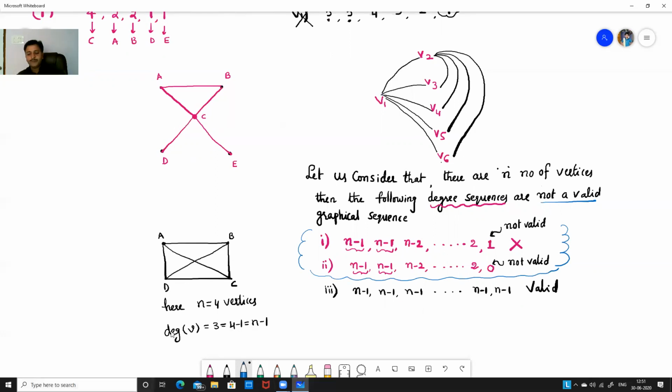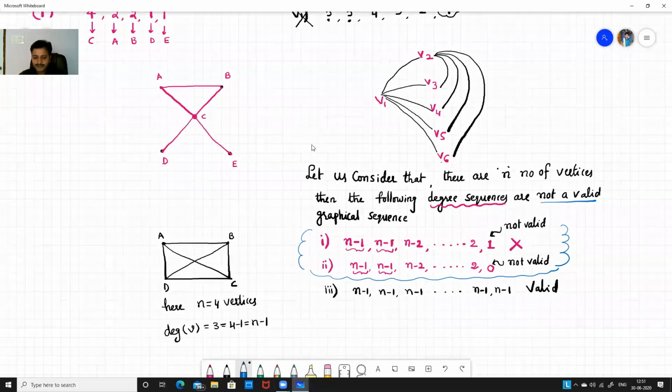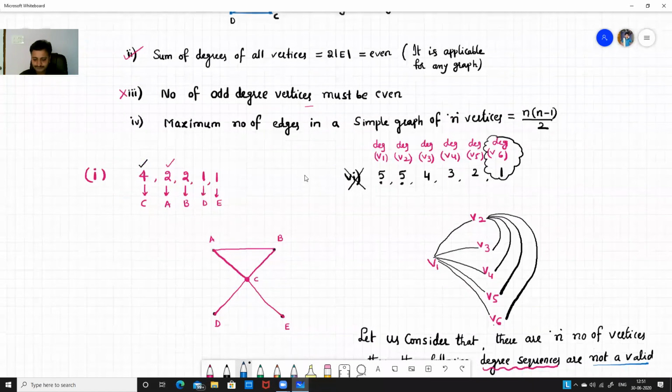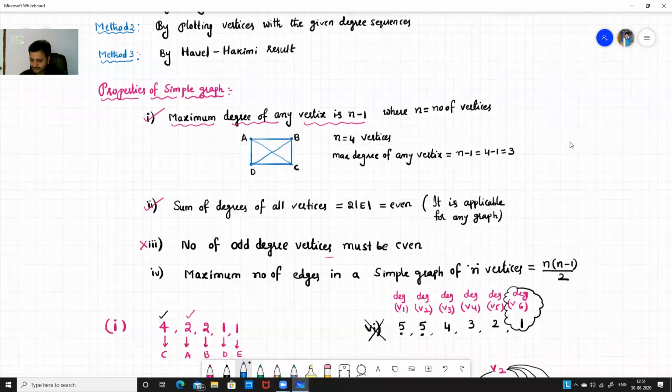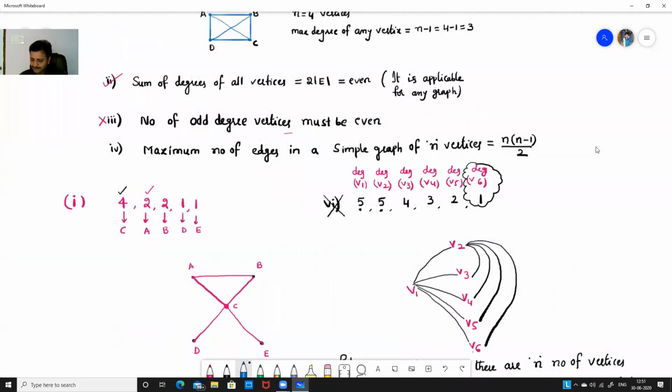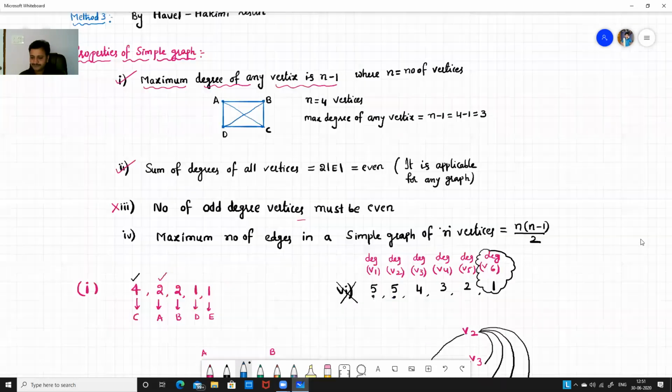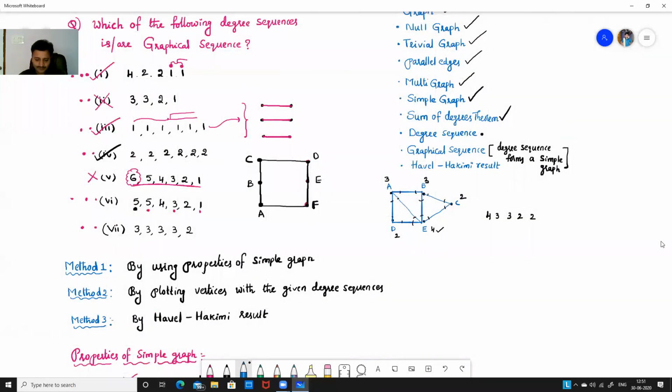Okay. Now, by using these properties, come back to this question. Sixth question. There are two vertices of degree 5. Then definitely I cannot expect a vertex whose degree is 1 in the 6 vertices graph. Right? Therefore, I can eliminate option 6. So option 6 is eliminated.